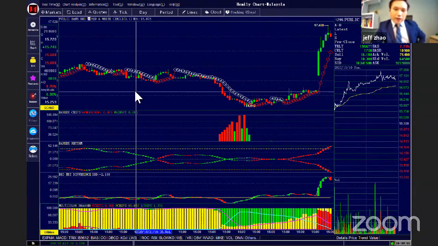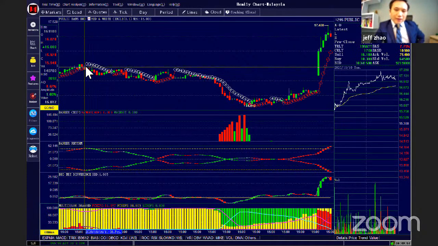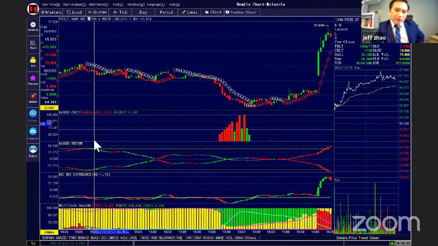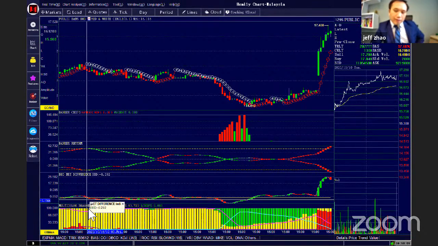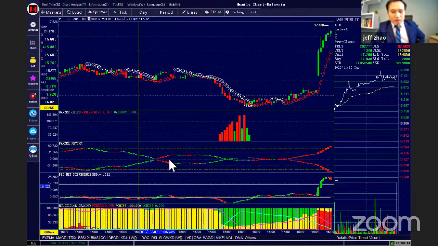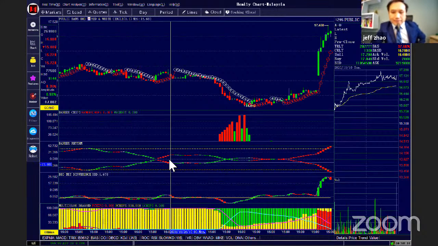Also, you can use the function of the white and red circle. If the white circle appears, you just sell. When the white circle appears, the column tends to green, the BD breaks down the zero axis, and the banker shrinks. When all four conditions conform with each other, it should be a high point.